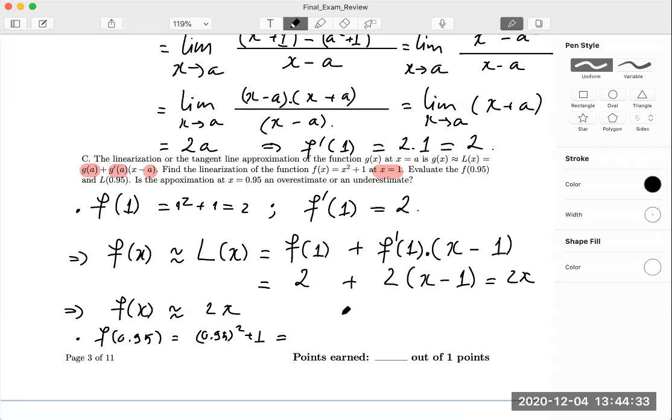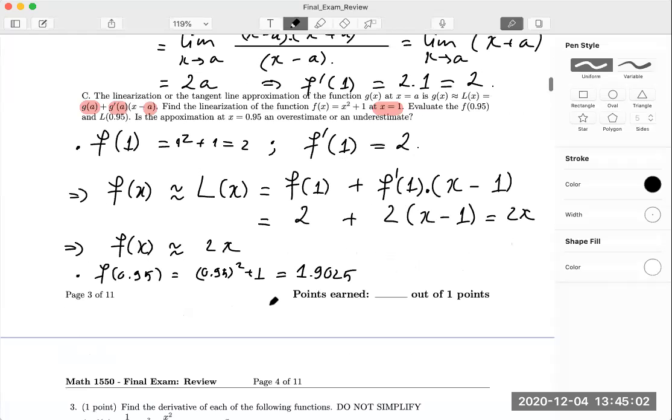Can you use a calculator and find this one? This is f at 0.95.